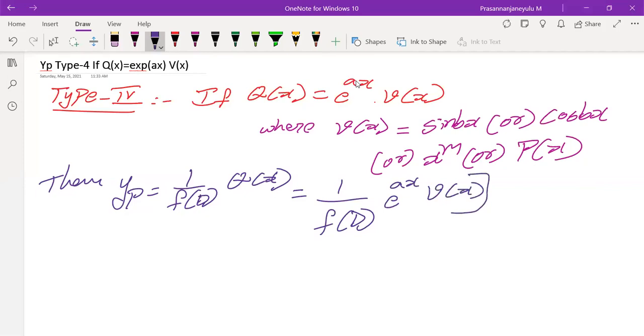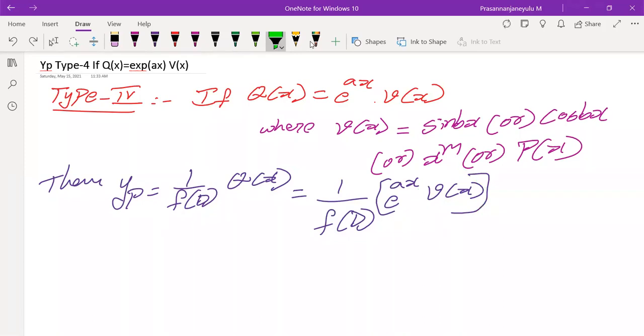If this is the case, what is the actual formula? You just hide this point, all of you, please hide this. How does it look? 1 by f of d of e power ax. Whenever it is 1 by f of d of e power ax, using type 1 we substitute d equals a.